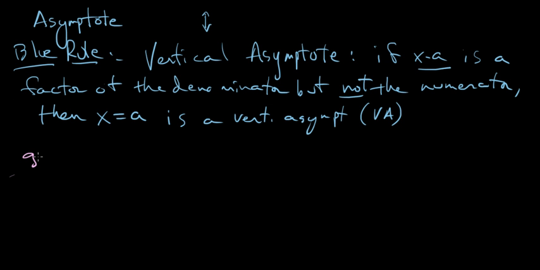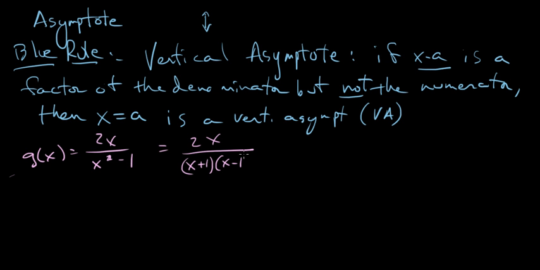Suppose g of x equals 2x over x squared minus 1. So that means 2x over, remember you can factor this into the two conjugates, x plus 1 and x minus 1.